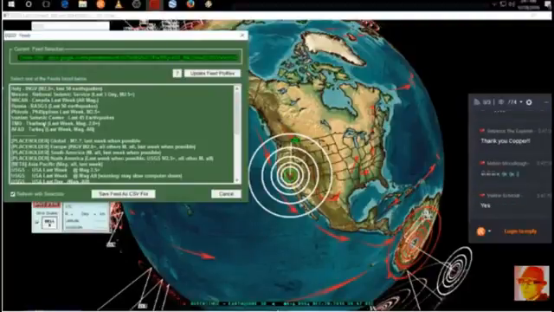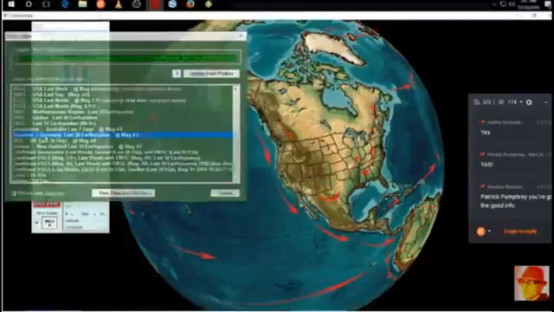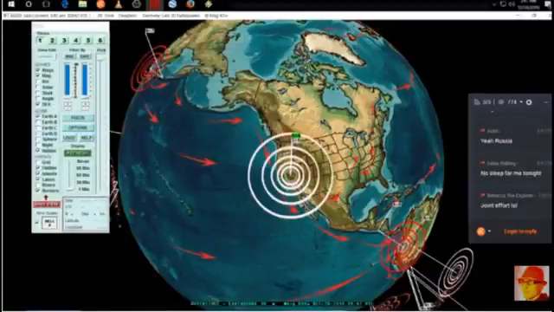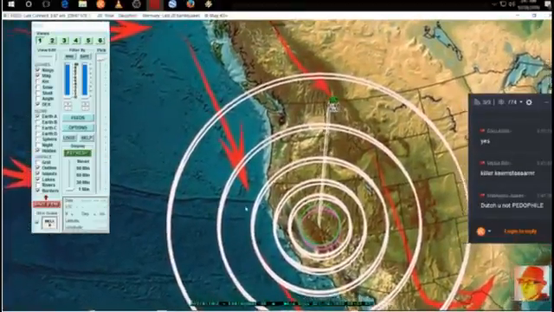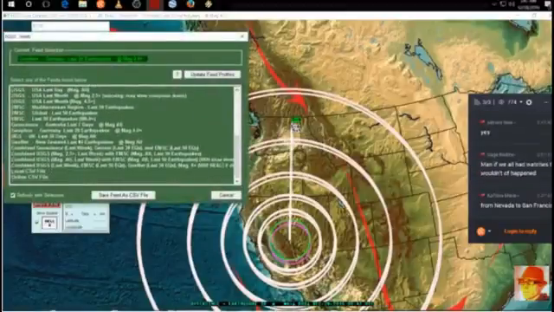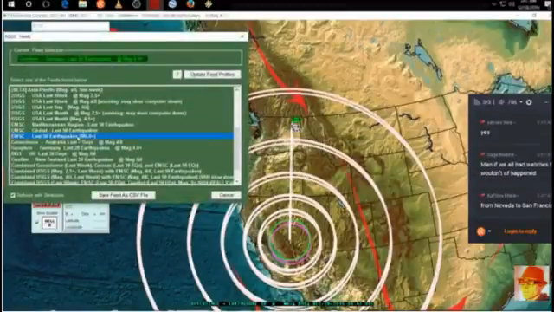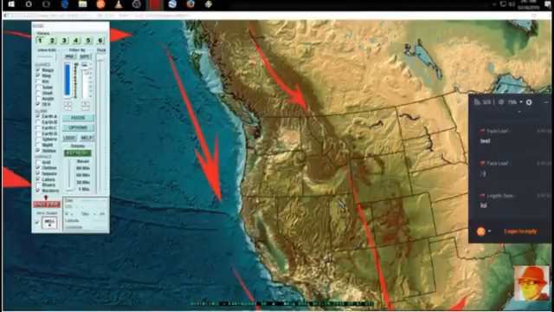Let's see if the Germans have it. Okay, Germans, Geophone has it at 5.6, 5.5, and a 5.4. Let's go see what the Europeans have, not counting the USGS. Oh, a 6.7?